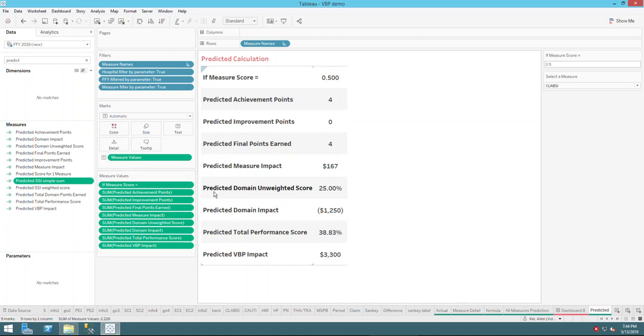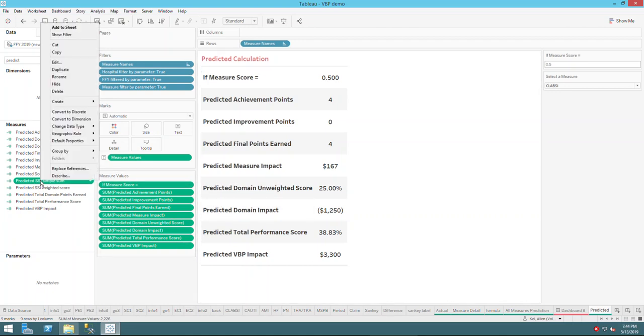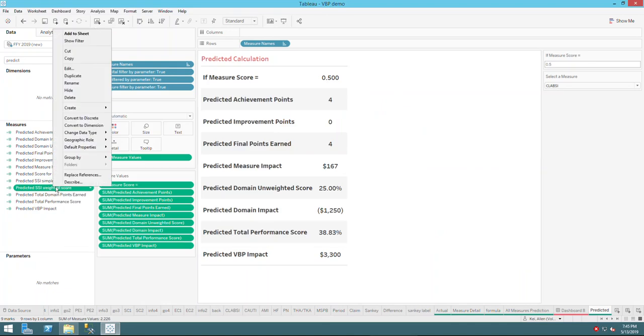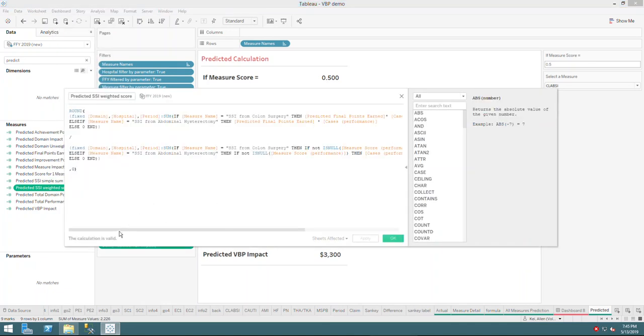One of the measures in the safety domain is actually a weighted average of two other measures. So the actual calculation is your performance score in one measure multiplied by the number of cases, plus your performance score in another measure multiplied by the cases in that measure, and then the sum of that divided by the number of cases from these two measures.